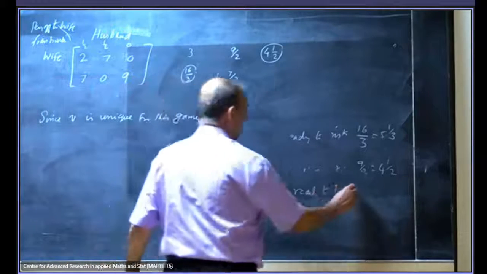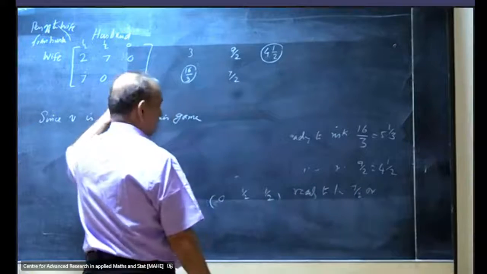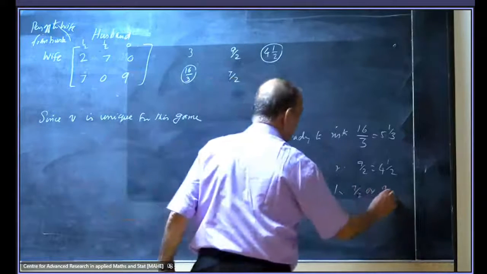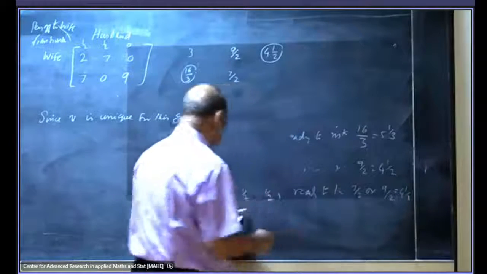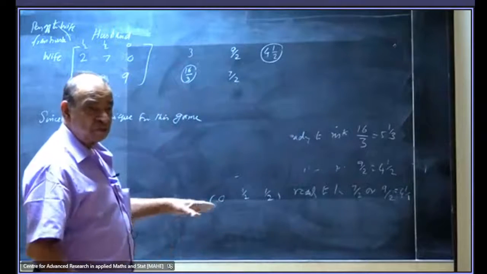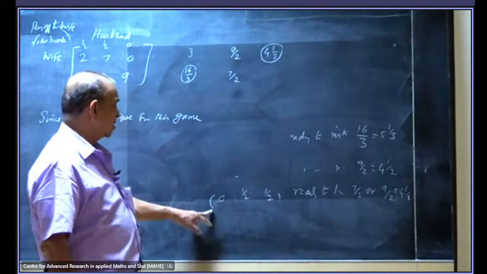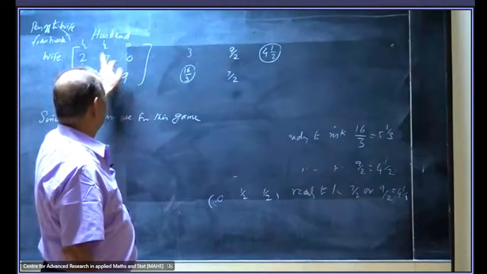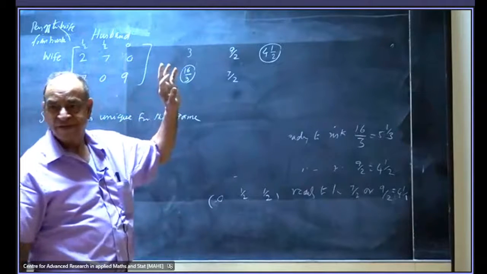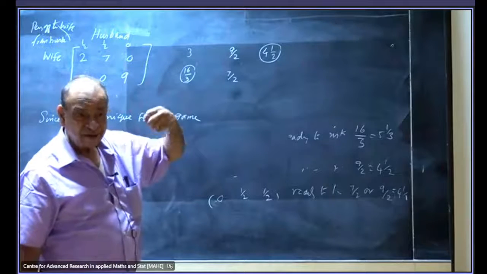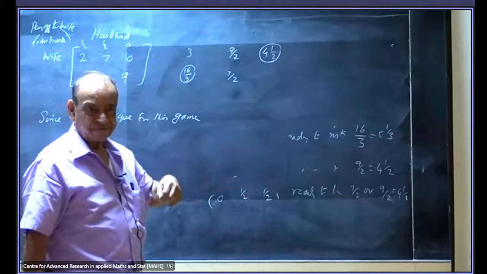So it will be 7 over 2 or 9 over 2, which is again 4 and a half. So that means you should be willing to lose up to 4 and a half. So this and this, they are on equal terms in some sense. But that still doesn't mean this is the best. There should be something better.